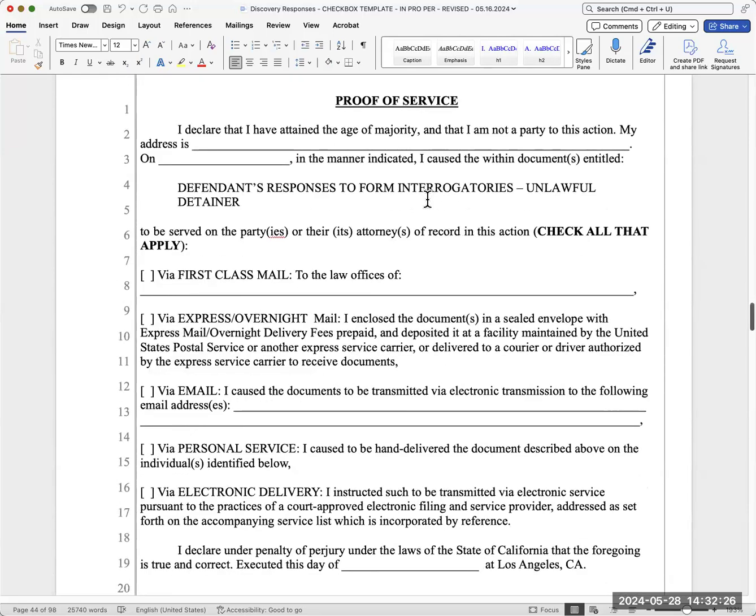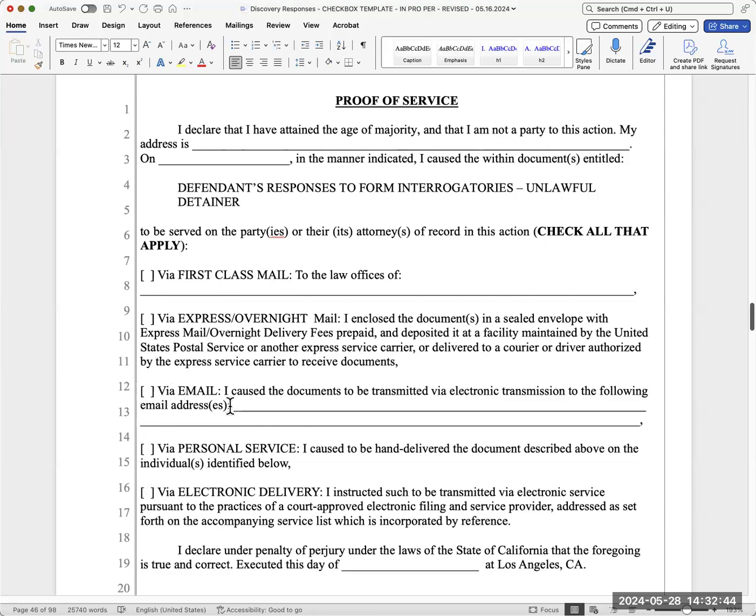And then the proof of service, which has to be filled out by someone who's an adult, 18 or over, not a party to the action. The address, the date, how it was served, you've got to put an X or check in each one.